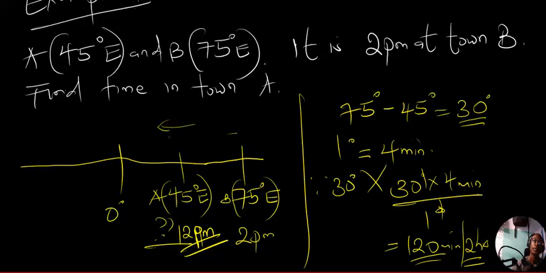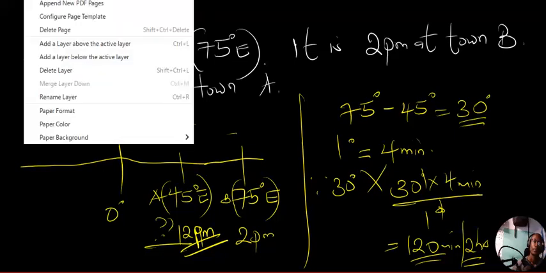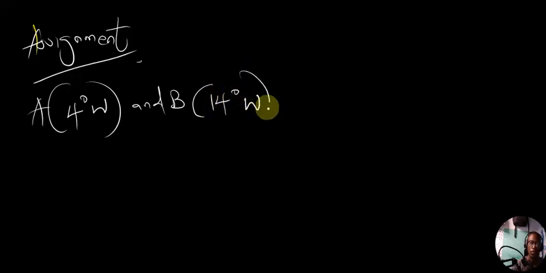So I'm leaving you with an assignment. Find the time in town A, 4 degrees west. We have town A and town B. Town B is 14 degrees west also. They're both on the western side.